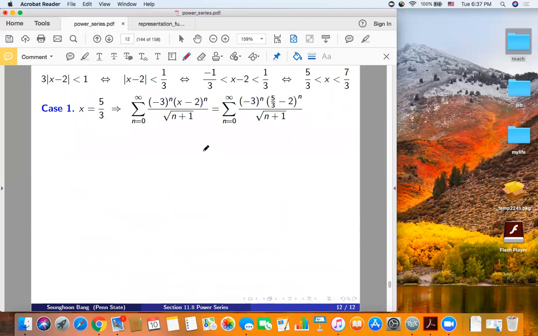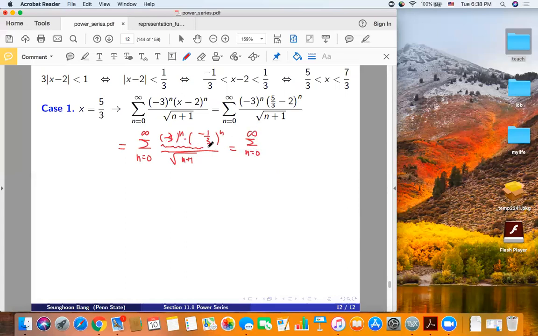So we have the summation n equals 0 to infinity, negative 3 to the power n times (5/3 minus 2) to the power n over the square root of n plus 1. That is, negative 3 to the power n times (negative 1/3) to the power n over the square root of n plus 1. This is the same as the summation n equals 0 to infinity.